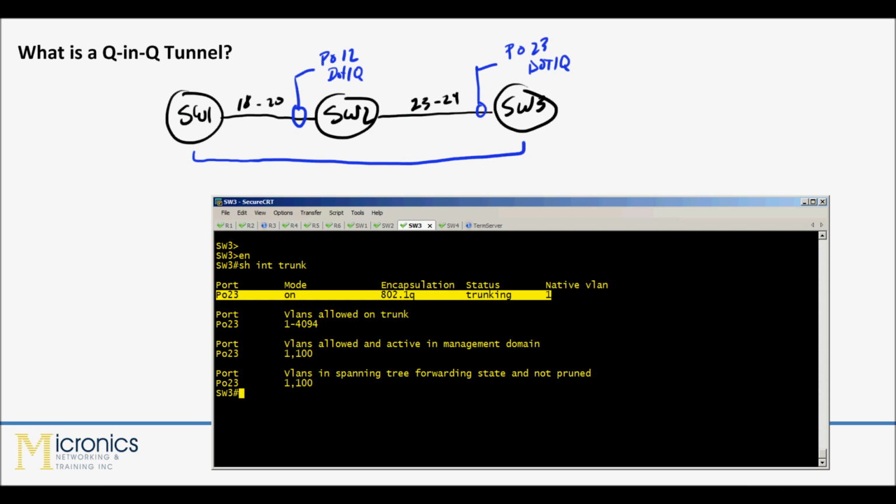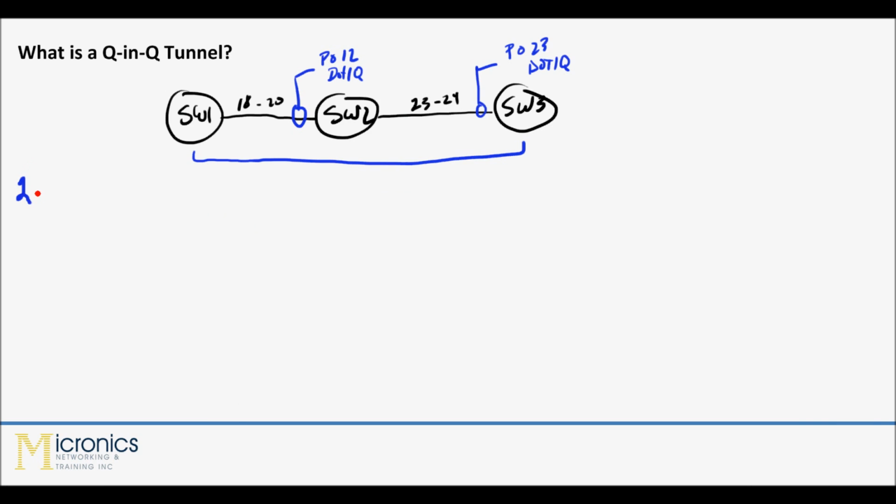Now, the fundamental idea behind this is that we are going to end up moving traffic in such a fashion that we have two .1Q headers, or tags. To illustrate the concept, we'll connect R1 to SW1.